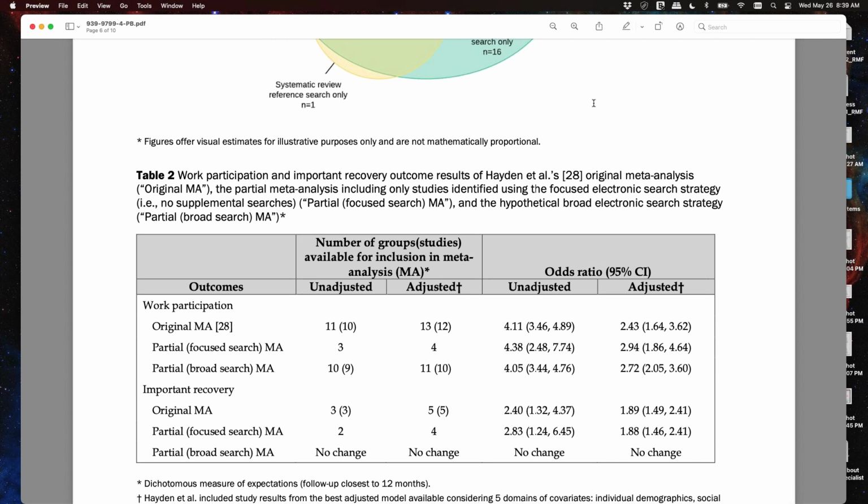So I think they're being very transparent here about the effects that the supplementary search methods had on their own topic, but also saying, okay, this might not be applicable to other topics with less prominent effects.